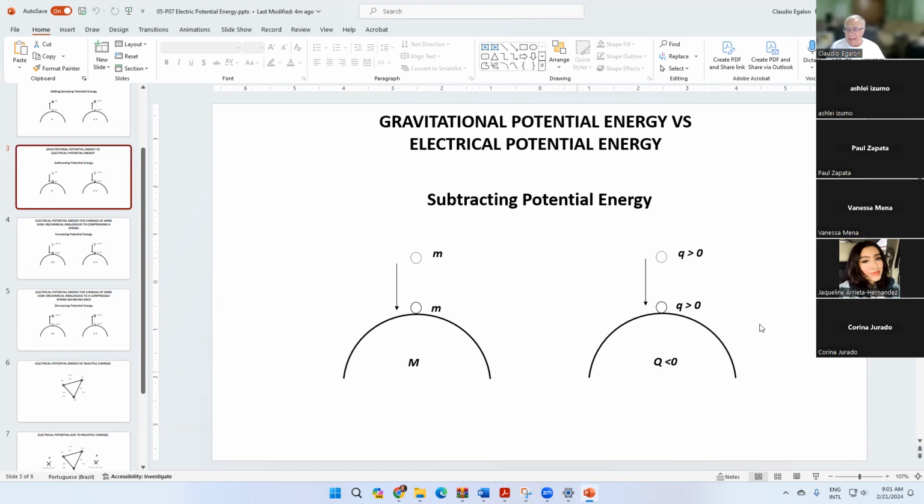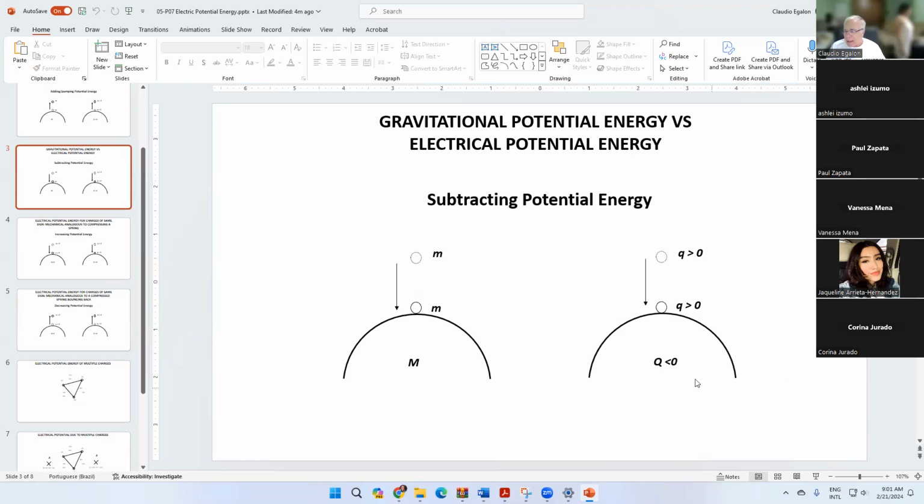What you see right here is very analogous to the situation of the mass nearby the Earth's surface. You raise it against the gravitational field, and if you release it, this mass is going to move downwards. It's going to be attracted towards the Earth. What you have on the left side is the mechanical one, and the electric counterpart is this one here on the right.